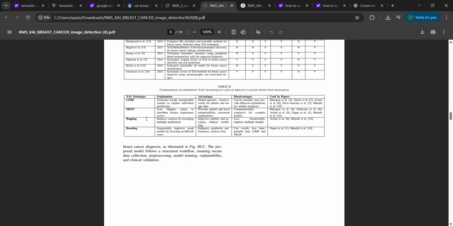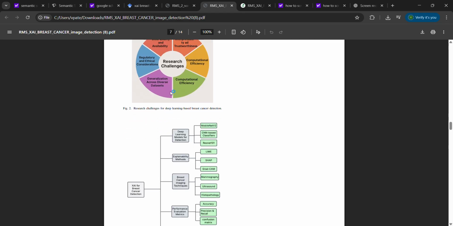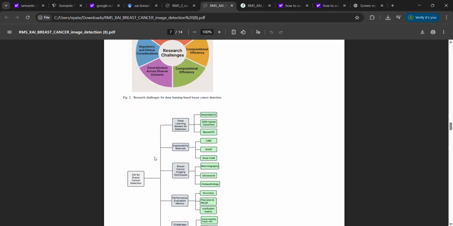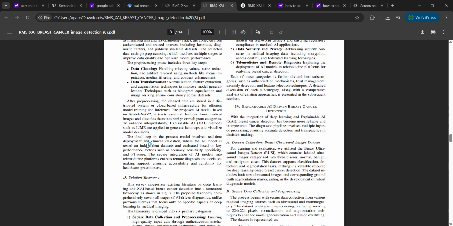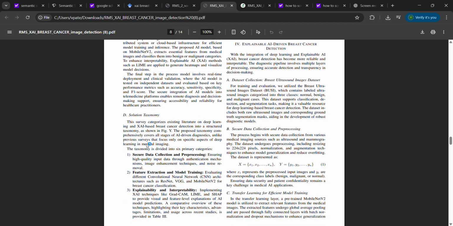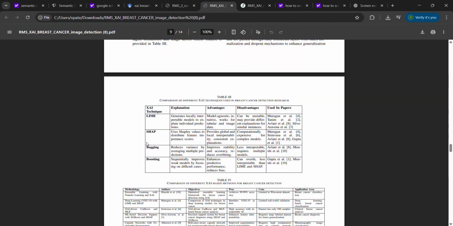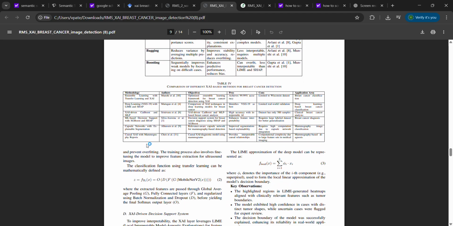Here you can see the different tables for the algorithms. You have to identify which algorithm works the best in a particular case. And here you have to make many figures so that the reader can easily understand what's happening and which is the best to take.